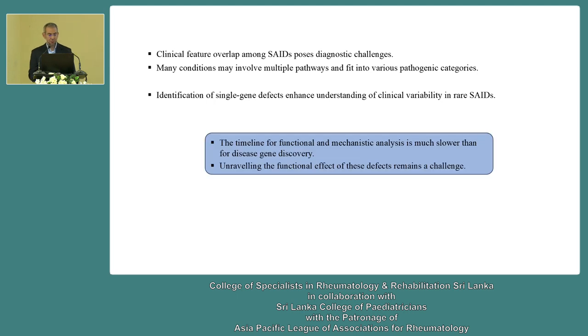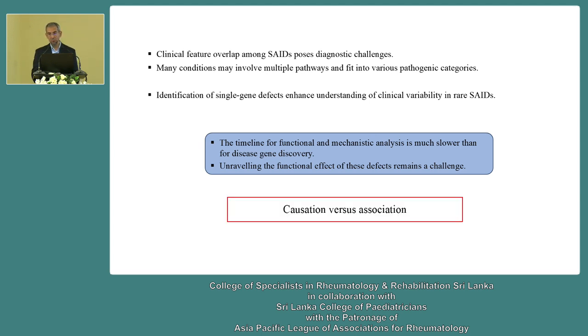Now, the timeline for functional and mechanistic analysis is much slower than disease gene discovery, and revealing the functional effect of these defects remains a challenge. So the most important thing to remember, if you have a gene mutation, you need to ask yourself, is it causation or association?